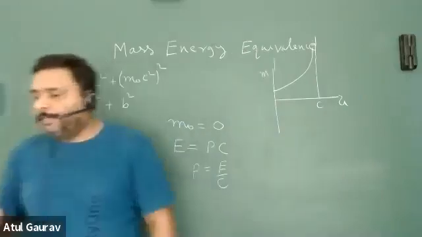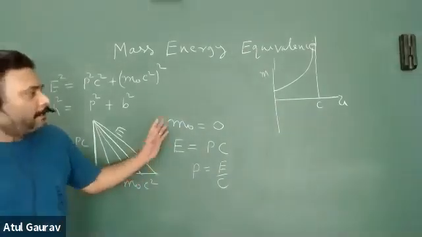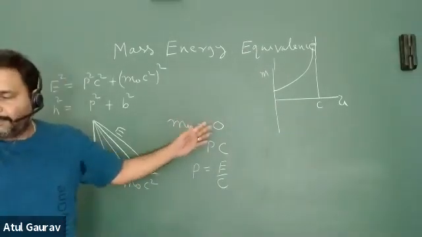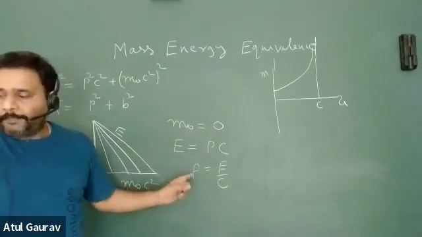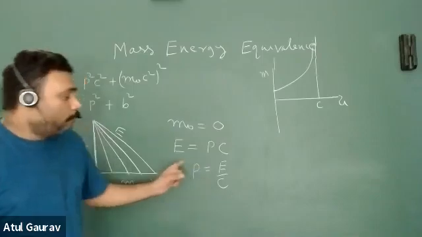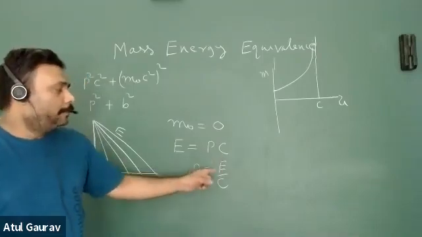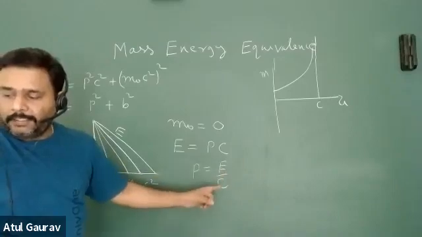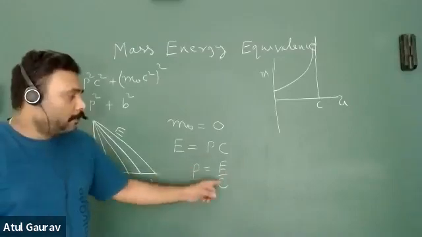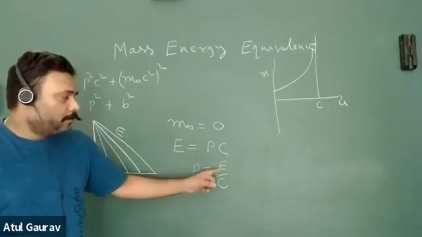So there may be existence of a particle whose rest mass is 0, but it has momentum. And that momentum depends on energy. Sorry, this momentum is equal to E upon C.